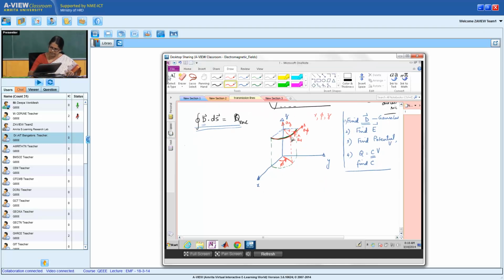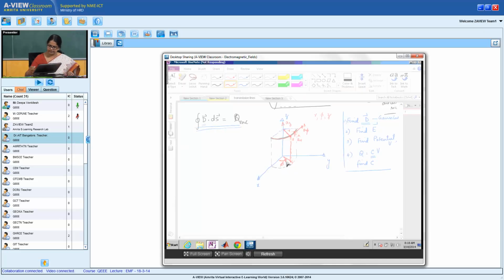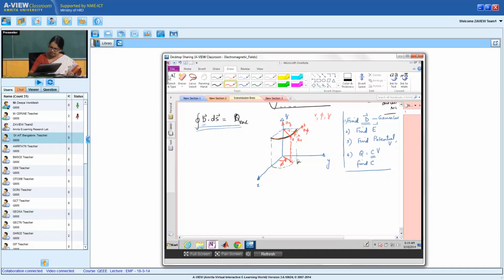So I repeat, this is the point. The distance of this point from the z axis is your r coordinate. I take a projection of this point on the xy plane, and the distance made by that, I'll change over to black. Okay, this computer is playing up, so I'm going to change over to blackboard.